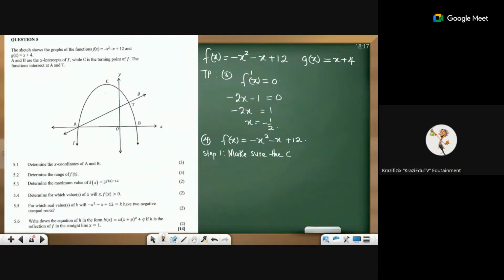Make sure the coefficient of x squared is positive 1. So I'm going to do that step now. All right? By factoring out the negative. So f of x equals to negative x squared plus x. Do you see that all my signs have changed? That's my step 1.